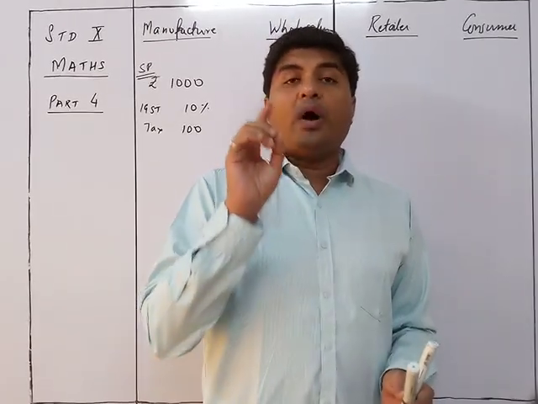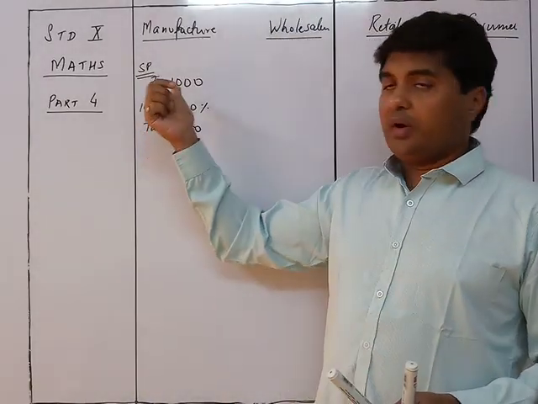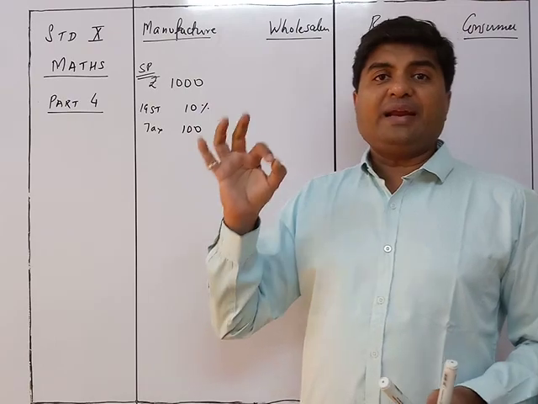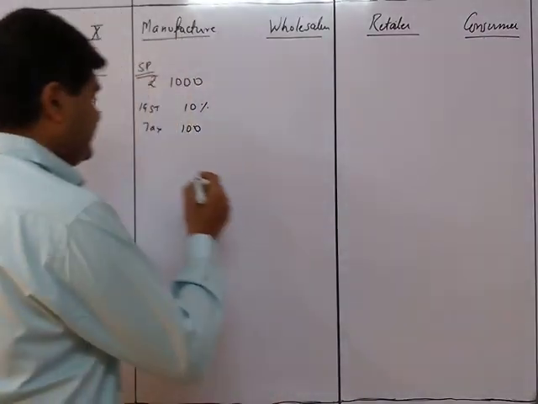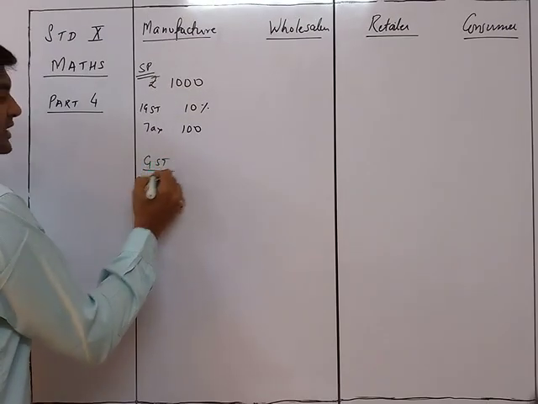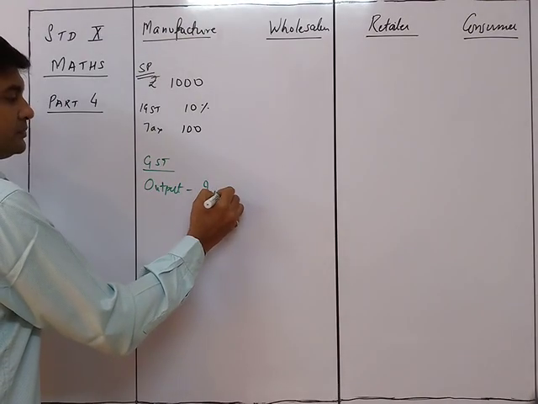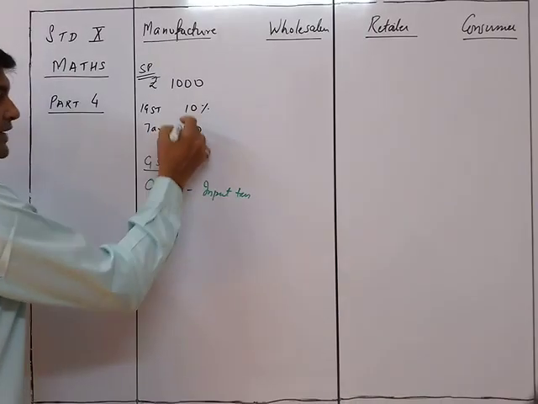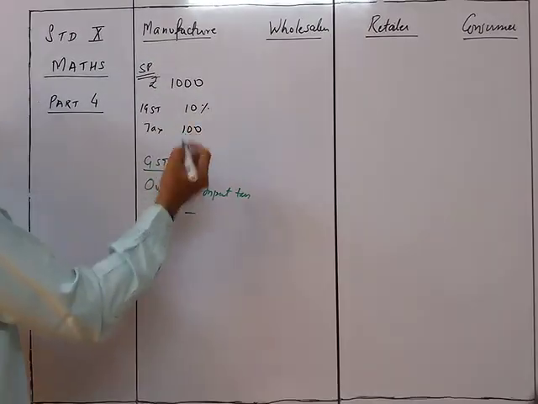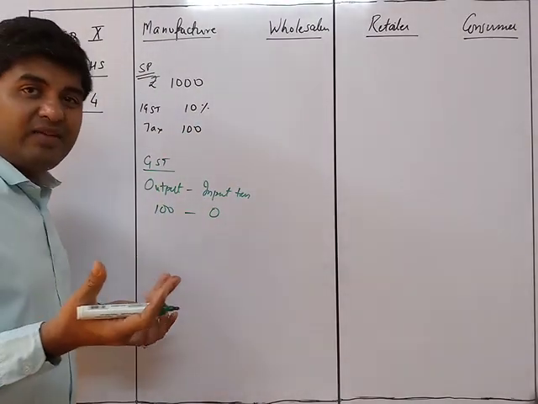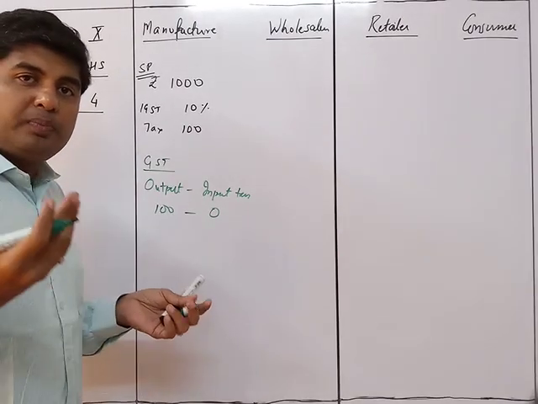And hence, whatever is the value over here will be completely taxed, because what is the GST payable? GST is output minus input tax. So what is the output tax? It is 100. What is the input? 0, because it was not initially available. Nobody had bought anything.